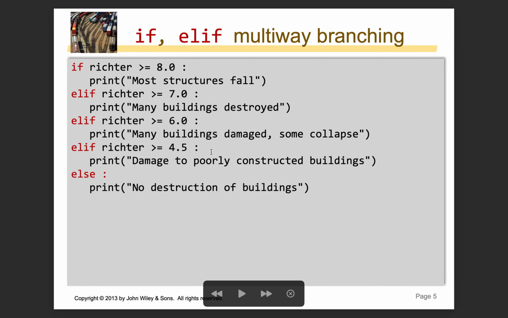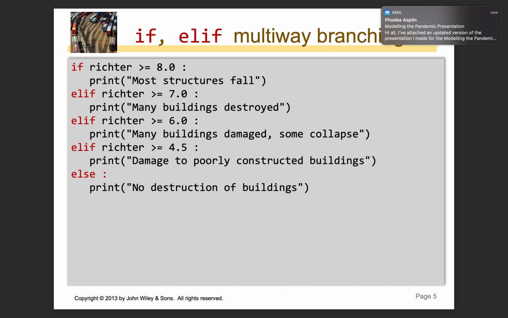What I might recommend you do is pause the video, copy this down, and test it for different values of Richter. So set your Richter value to something like 9.5. Set your Richter value to 7.5, 6.3, 5.2, and then something like 0. And see what happens.